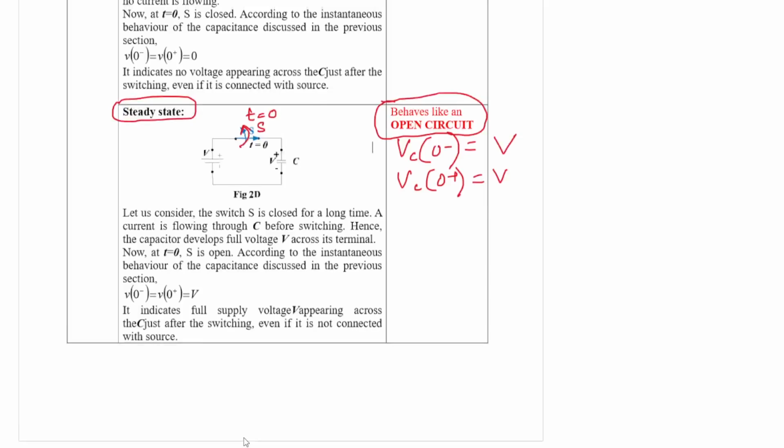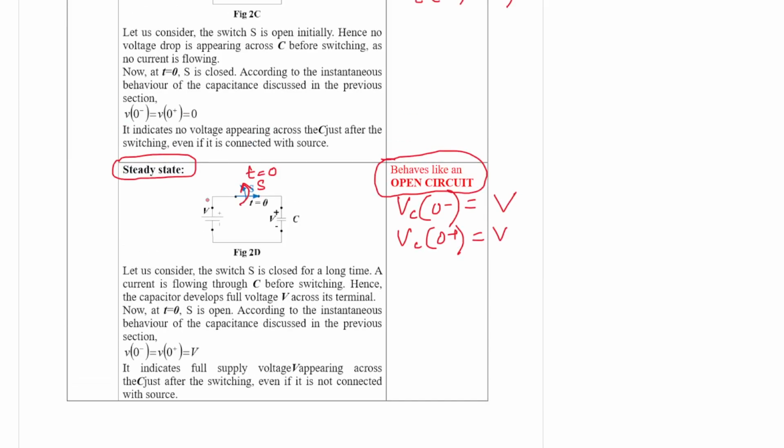So if you consider the steady state, it behaves like an open circuit. So for a capacitor, we can understand that under transient state it behaves like a short circuit, and in steady state it behaves like an open circuit.